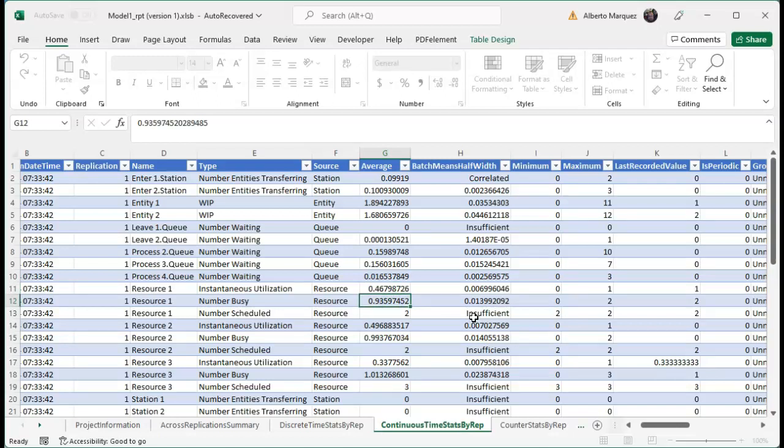Just by looking at these two numbers, and assuming that there is no failure of the resources or machines represented in the simulation, we know that this number is twice that. If the number busy is 0.93 on average and the utilization is 0.46, it means that we have two servers, right?